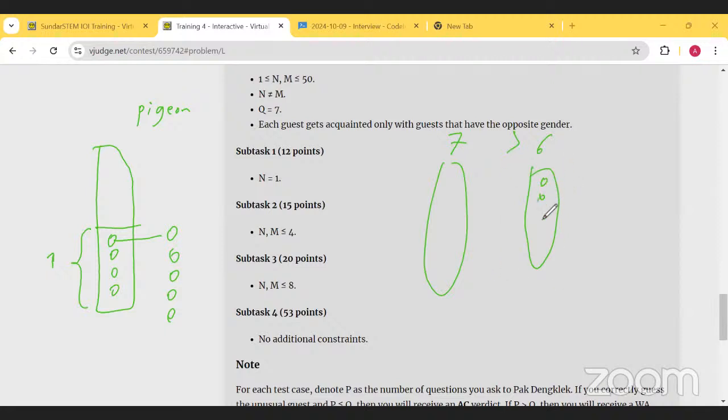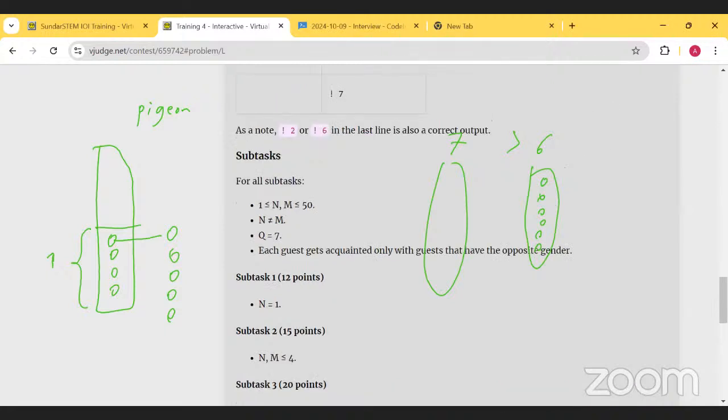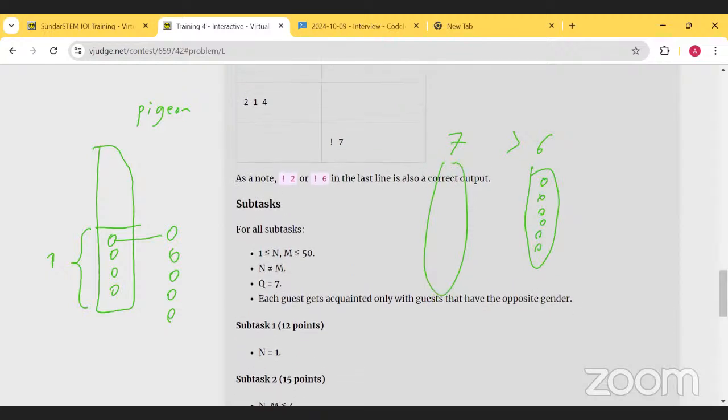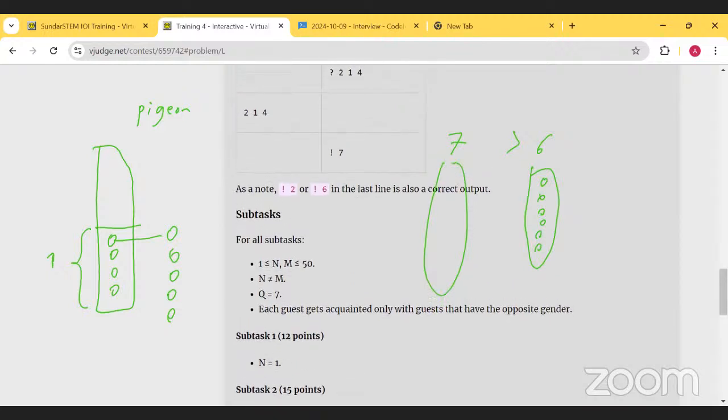So at first we query all the women and so on. So just find which one is lower, because we know that n is not equal to m. So one of them is greater, one of them is smaller.